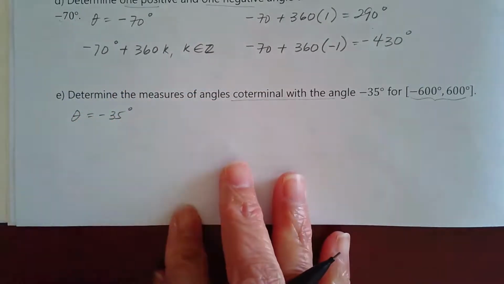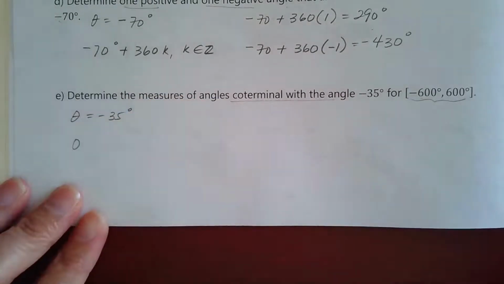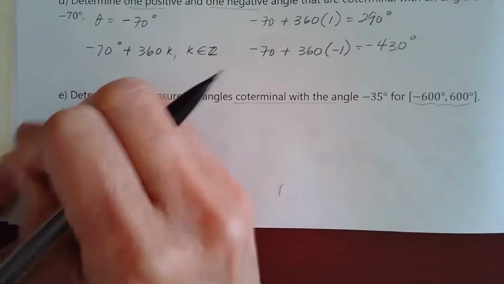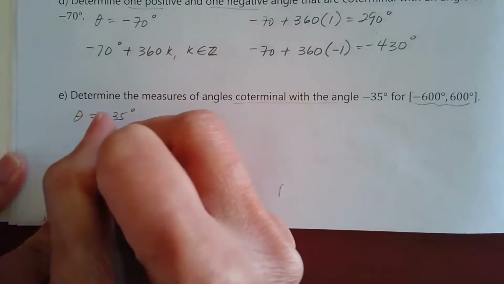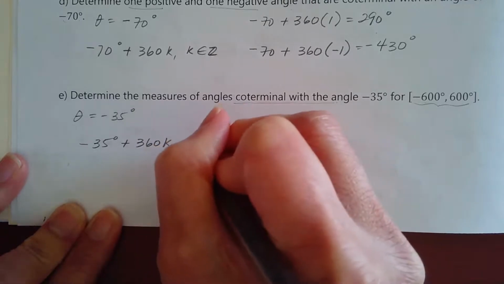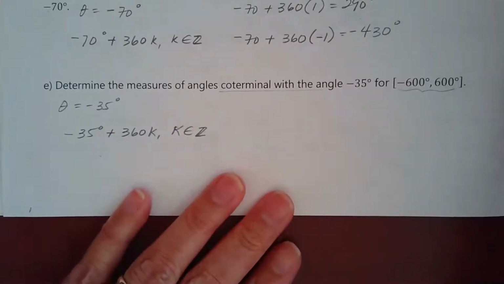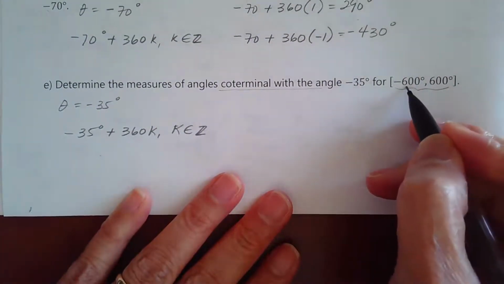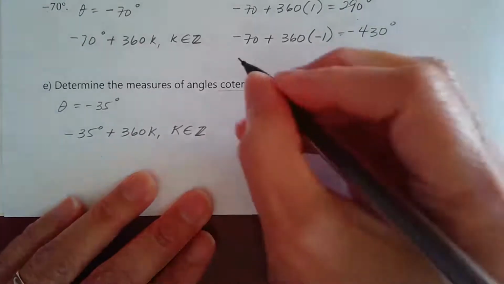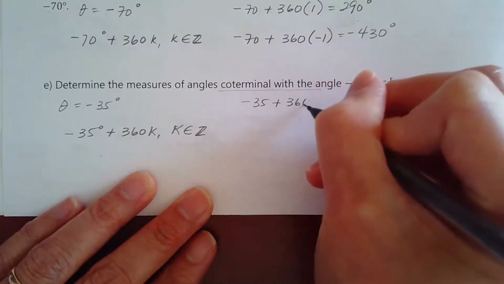So to find all of the possible coterminals, we go negative 35 degrees plus 360 times k, where k is an element of an integer. So let's see, we can have from negative 600 to positive 600.